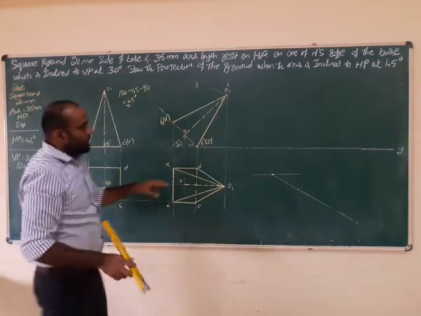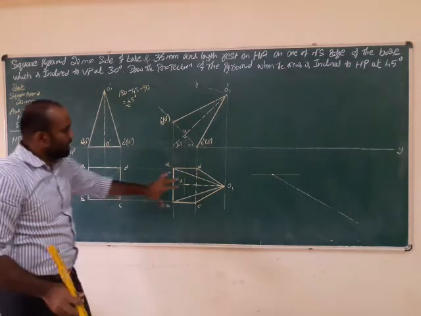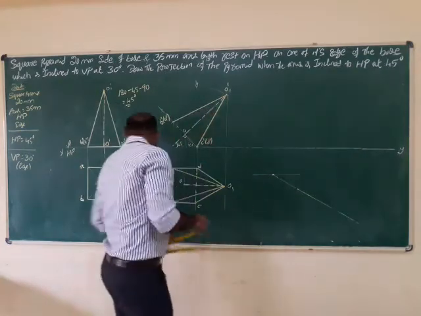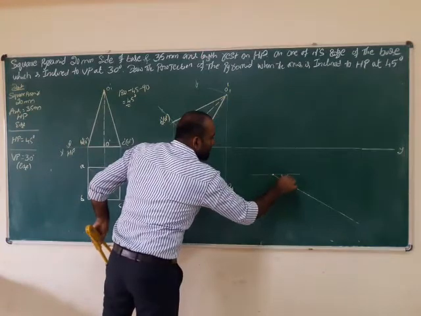Next, the question says the edge is placed on the second step. The edge D to C is placed at the angle. The angle is 30 degrees.